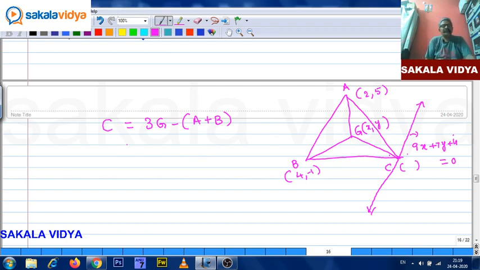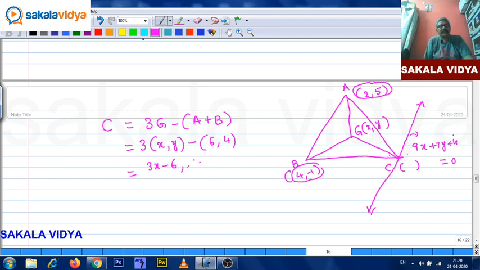So 3 times G, that means 3 of x comma y, treat it as a 1 by 2 matrix, 1 row 2 columns, minus the sum of these 2 vertices, 2 plus 4 is 6 comma 4. This we can write as 3x minus 6 comma 3y minus 4. This is vertex C, but it lies on this line.